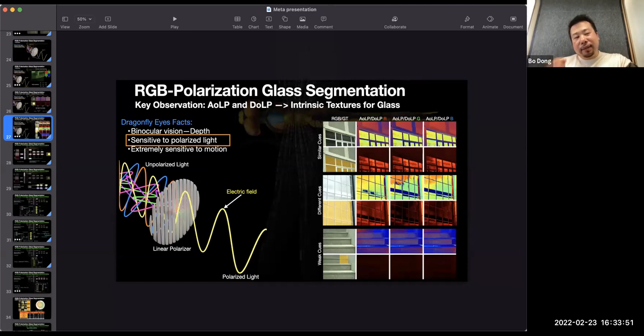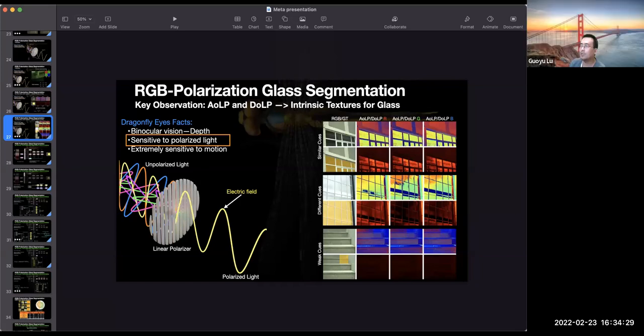But if we have circular polarization, that case can be easier to solve, because circular polarization changes the direction of rotation once reflected by the metal. But at this moment, we do not have a circular polarization camera. But we can build one. We can just add a wave plate before one of them, and then we can generate a circular polarization camera. But we haven't really leveraged this part yet. But it's our research plan.